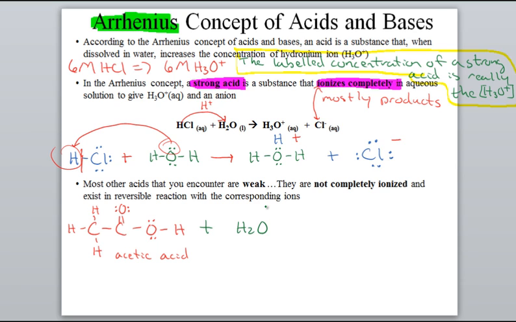Actually, there's only one relatively weak bond, and it's this bond that's right there, and we'll discuss why that's the only one that's relatively weak in a second. But that bond can break, and that H can form a bond with a lone pair on water and form the hydronium ion, plus acetate.